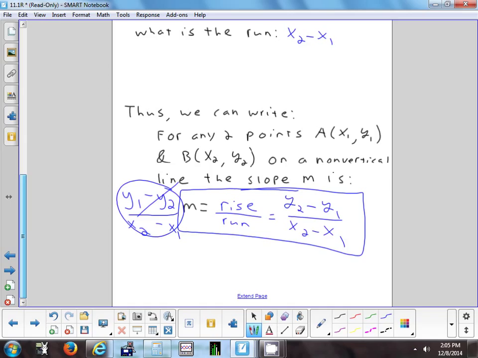This does not work. Just stick to that order. If you want to do y1 minus y2 over x1 minus x2, you can do that. But this is the way that in your book next year, junior year, it's going to be written. And the order matters, right? You cannot put the x's on top. It doesn't work that way. The y's need to be on the top. This is the way it is.